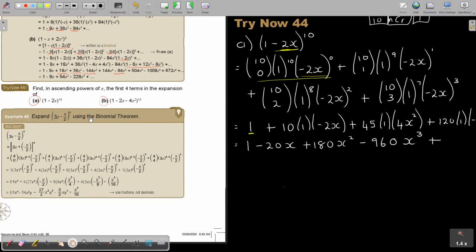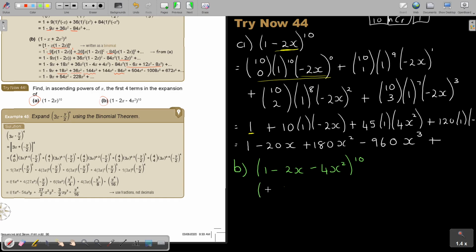Okay, let's look at number B. Now, in number B, it looks like this. (1 − 2x − 4x²) to the power 10. Now, there's 3 terms, but it must be a binomial.